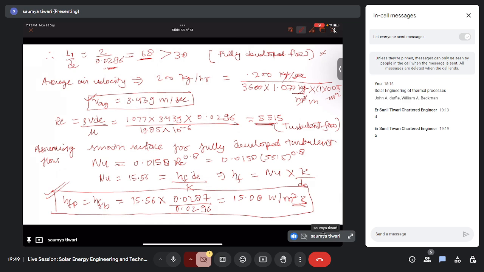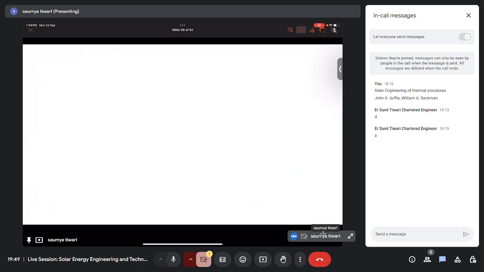Now, if you remember the formula to calculate the heat transfer coefficient for radiative heat transfer, it is sigma over 1 by epsilon for the absorber plate plus 1 by epsilon for the back plate minus 1, into the mean temperature of the plate plus the mean temperature of the back plate, into TPM square plus TBM square.